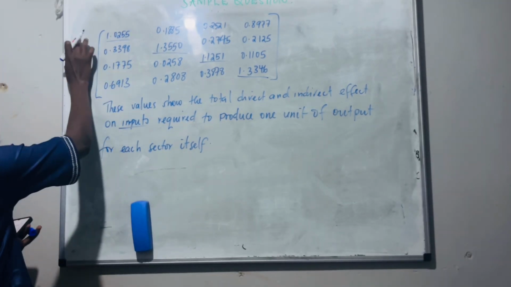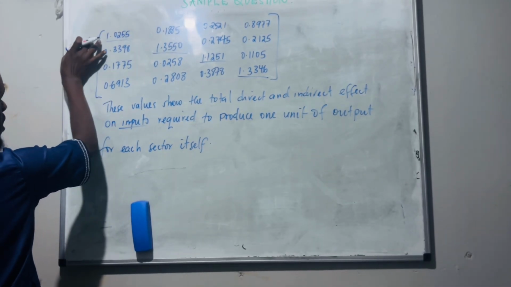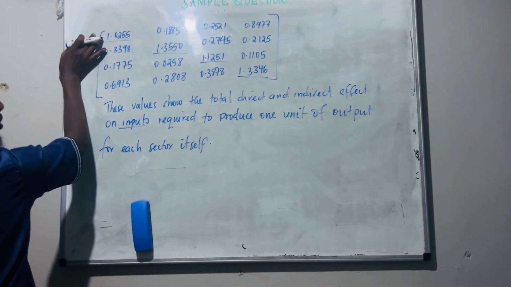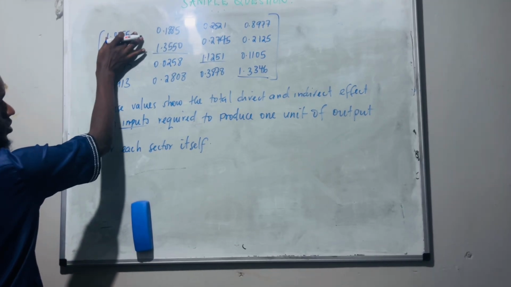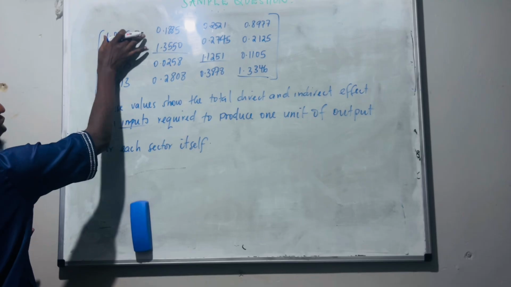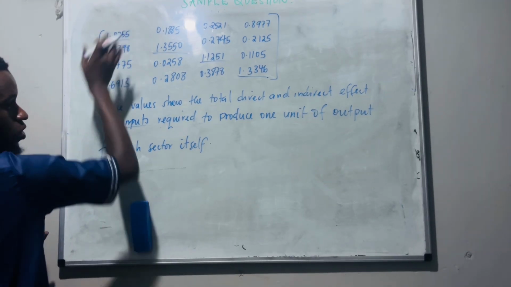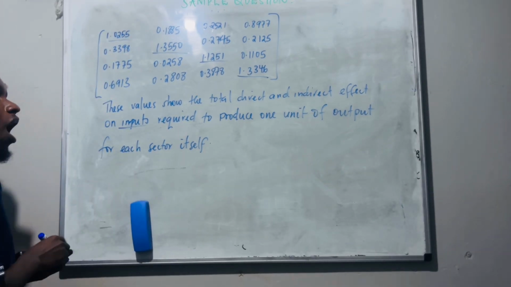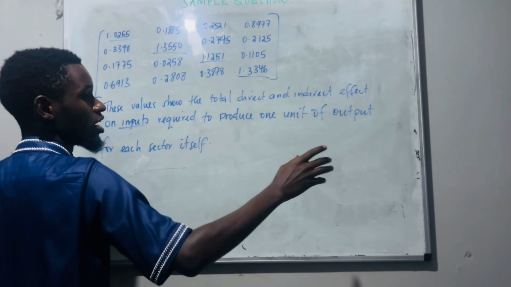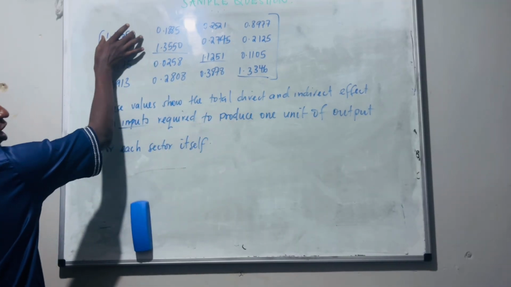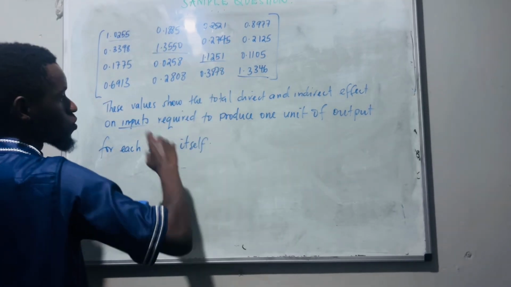Like if this is, say, agriculture, what I will need to produce 1 unit of output itself. Out of the total output it is going to produce, it needs this fraction of the total output to produce itself.